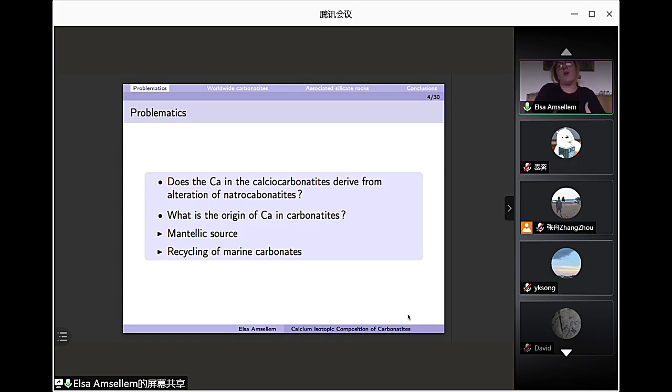Can it come from an average mantle source, or does it have to imply a recycling of marine carbonates in the mantle source of these carbonatites through subduction processes and transfer in the mantle?